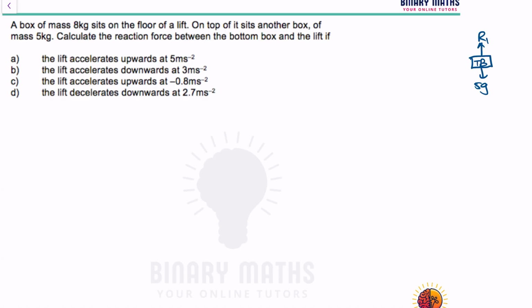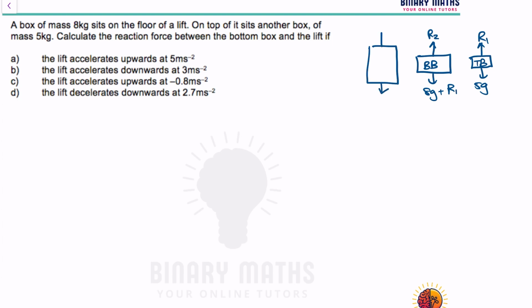Then for the bottom box, because it weighs 8 kg, it feels its own weight, 8g, plus it feels a reaction force, obviously, from the top box, pushing it down. And because it's sitting on the lift, it feels the reaction force from the lift pushing it up. Now the lift feels its own weight.